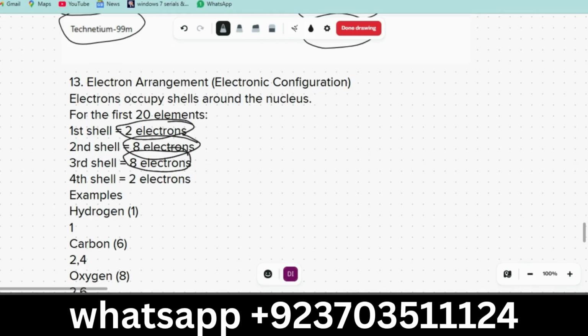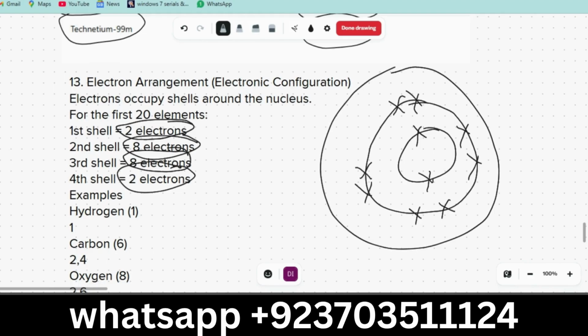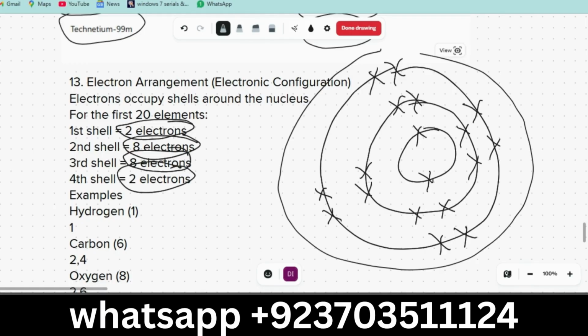For example, for the 20th element: 2 electrons in the first shell, 8 electrons in the second shell, 8 electrons in the third shell and 2 electrons in the last shell. So you can count there, that number is 20.